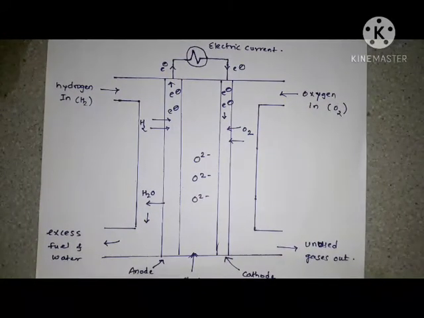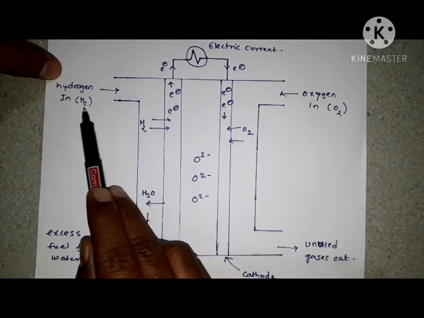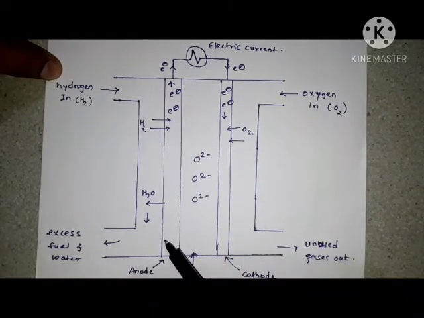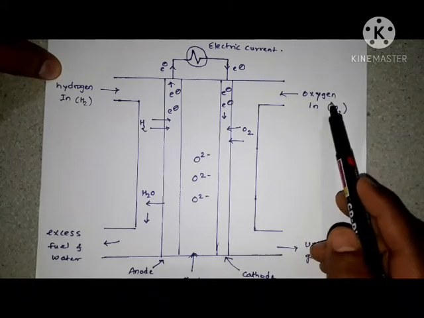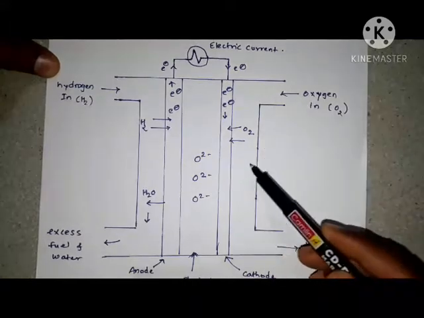In this diagram, hydrogen gas is continuously passed on the anode in the galvanic cell. Then at the right side, oxygen gas is continuously passed on the cathode.